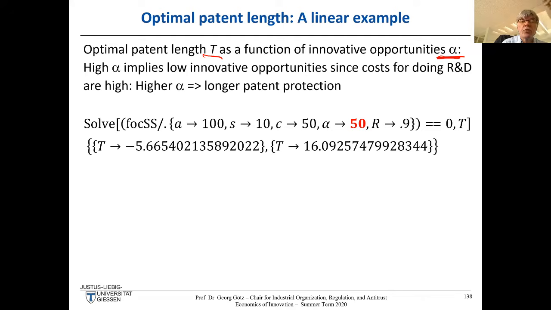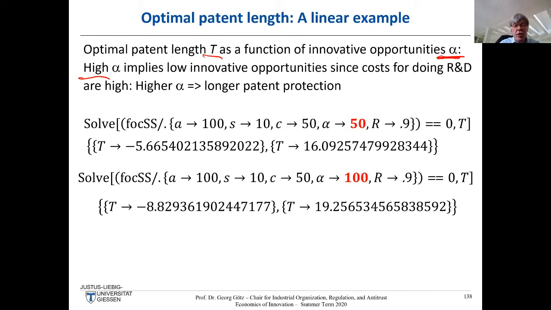Of course, we could also do it generally, and I already told you that if alpha is high, that is, if the costs of doing R&D are high, firms won't invest a lot in R&D because it is so expensive. High alpha implies a low innovative opportunity. Here alpha is 50.